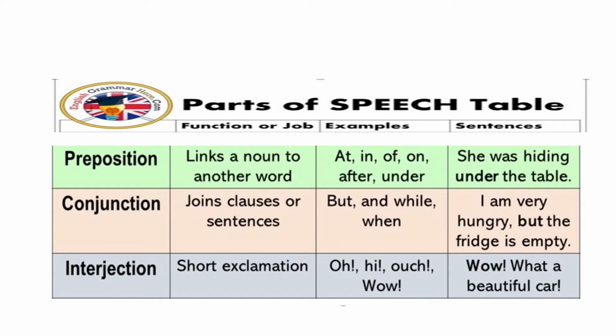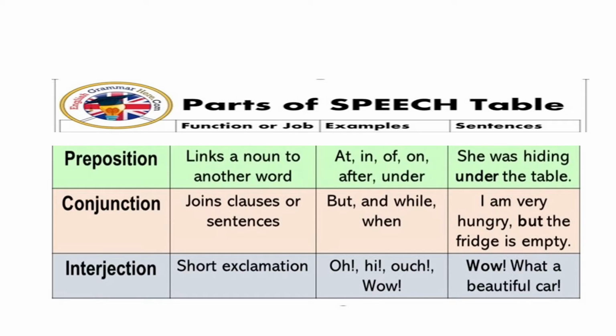And then you usually have an exclamation mark after them. So, wow, what a beautiful car. Now, there's another word class that isn't in there, and that's called a determiner. Now, determiners are words like a and an and the, and they go before the noun.